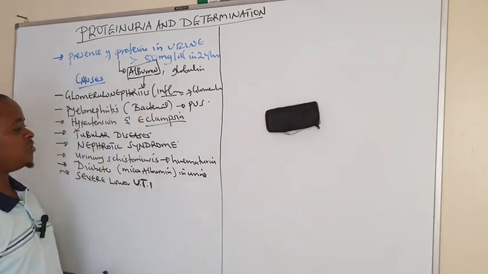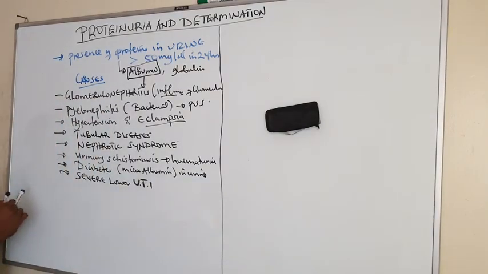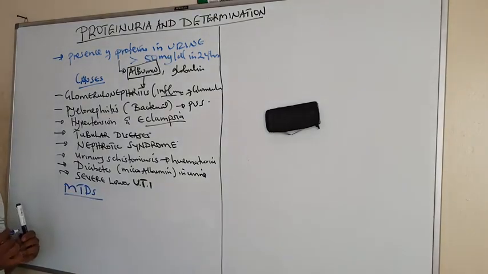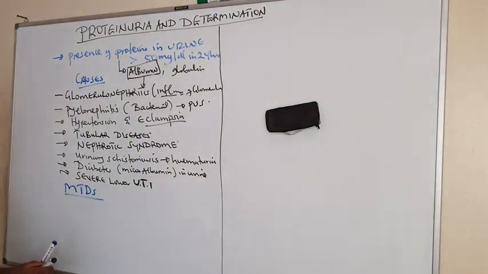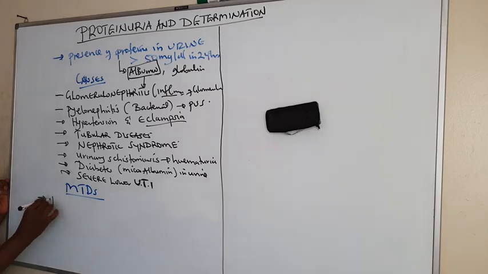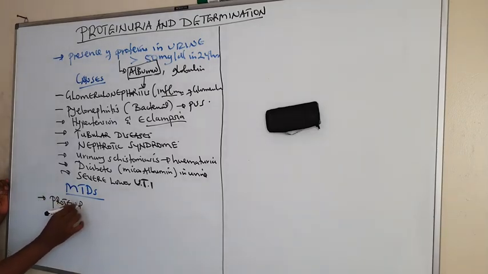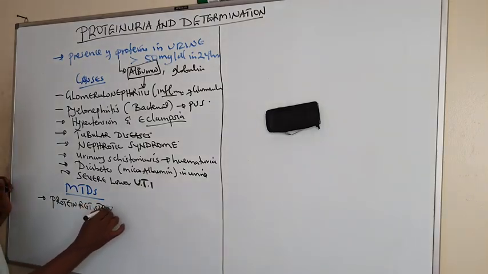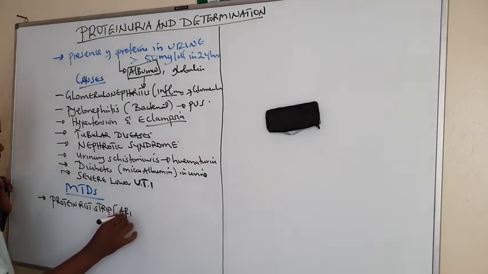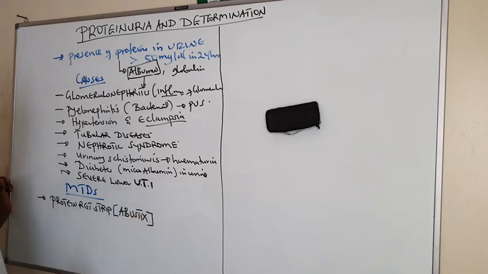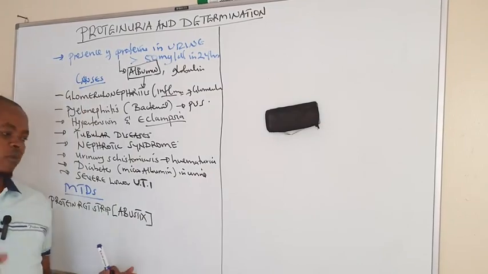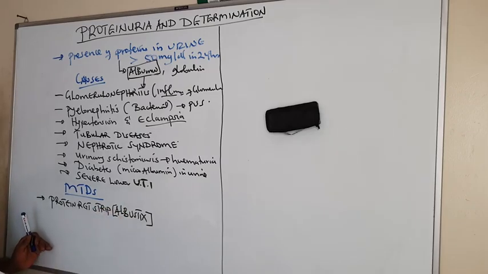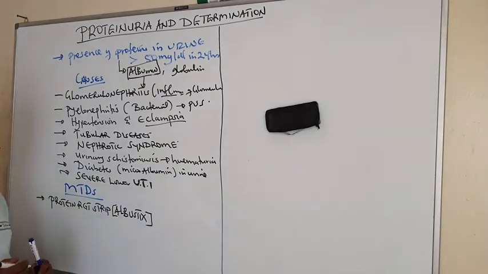After looking at the causes of proteinuria, we have to look at the methods of determination, the methods we can use to determine proteins in urine. One of them is the protein reagent strip, which we can also call albustix, because much of the protein found in urine is in the form of albumin, so we are majorly dealing with presence of albumin in urine.